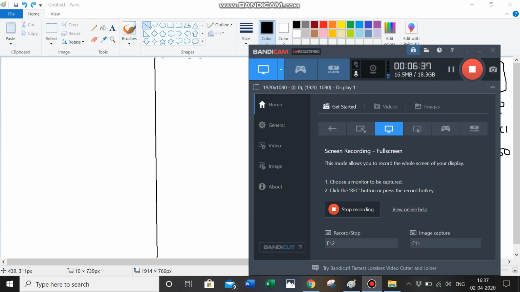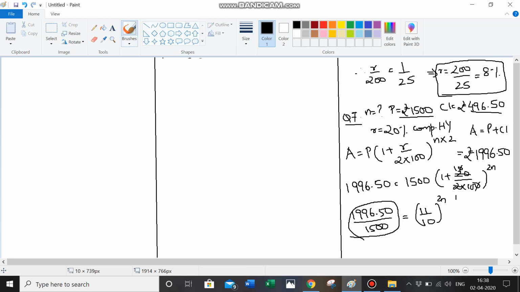So the denominator should look like something with 11 upon 10 raised to a power, right? That's the only way I'll be able to equate this power and this power. 10 square will be 100, 10 cube will be 1000.